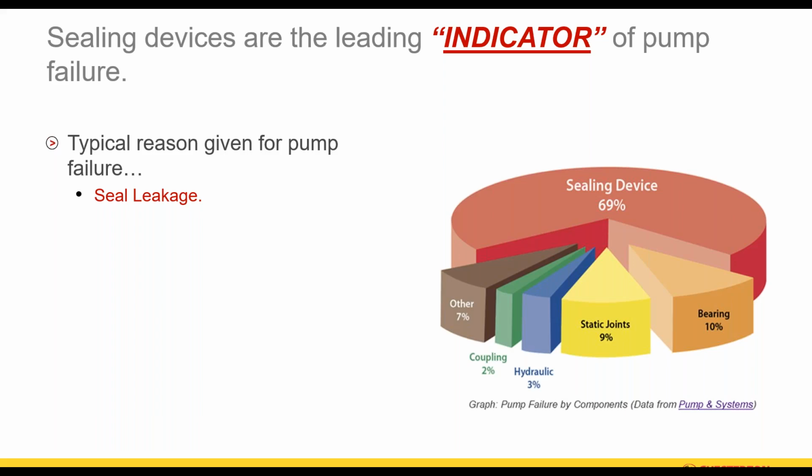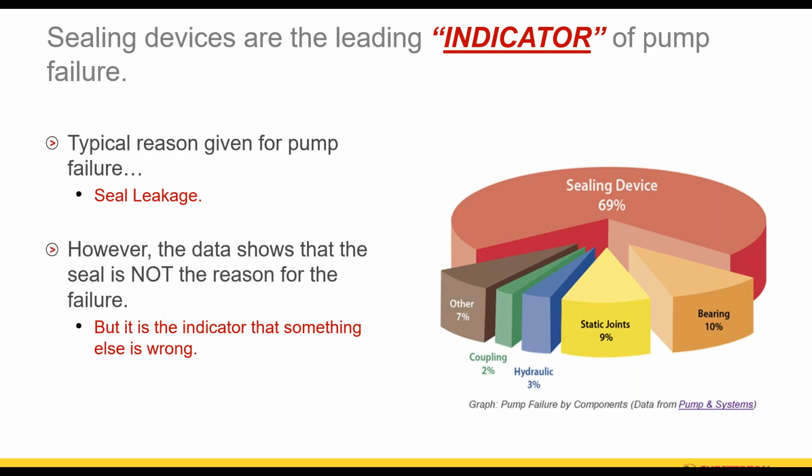We do a lot of customer seminars, and you get a lot of pump users sitting in the room, and you ask them, what's the leading cause of your pump failures? I can bet even odds they all will say seal leakage. And the reality is about 70% of pump failure is indicated by the seal starting to leak. There are other failures, other reasons, but seals tend to be the number one leading indicator.